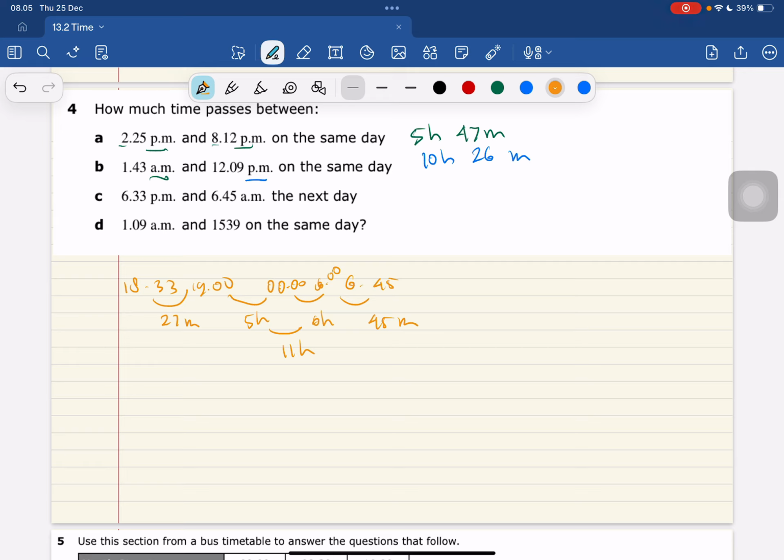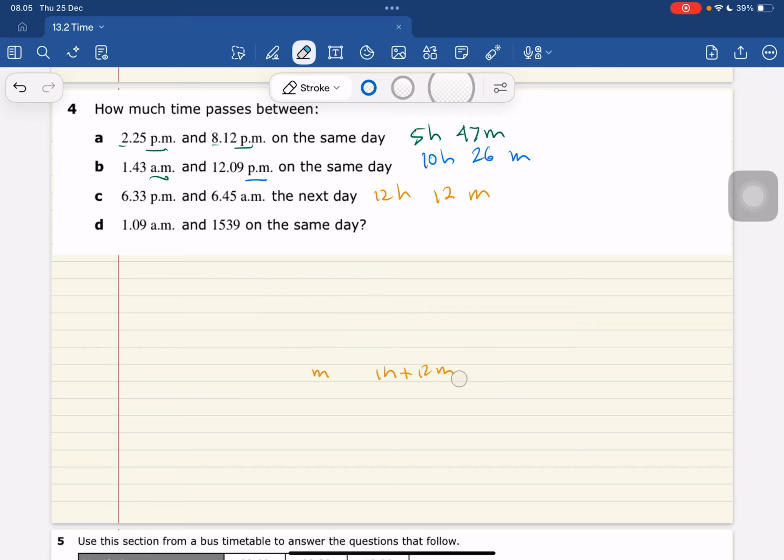And how many minutes? 27 plus 45. There are 72 minutes. Let us change it into hours. So 11 hours, here 1 hour plus. So 72, we can minus it by 60. So 12 minutes. So this is 12 hours and 12 minutes.